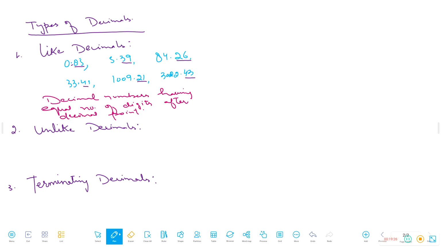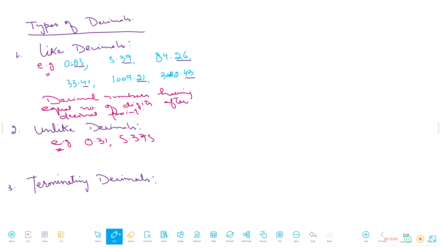Now, unlike decimals, just opposite of it, I am posing an example here. These are the examples, and then I have placed the definition. Now, example here as well. I am writing 0.31 and 5.375.